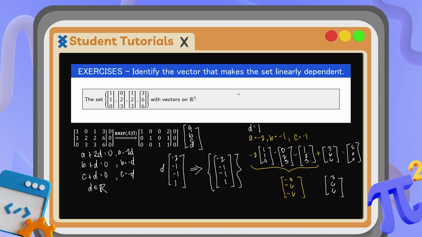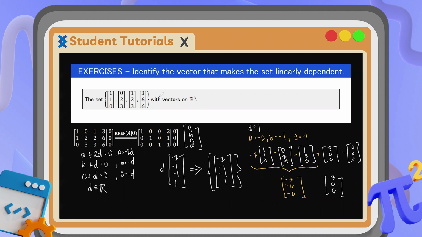So these other vectors form a vector that, when added to the 3, 6, 6 vector, gives the zero vector. This makes use of the theorem mentioned earlier, wherein one vector is a linear combination of the previous vectors.